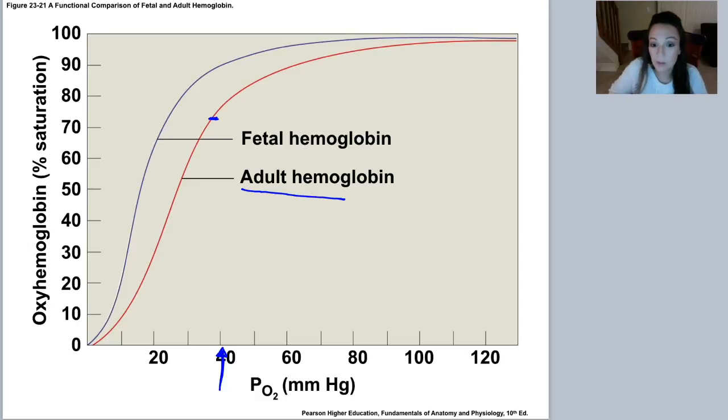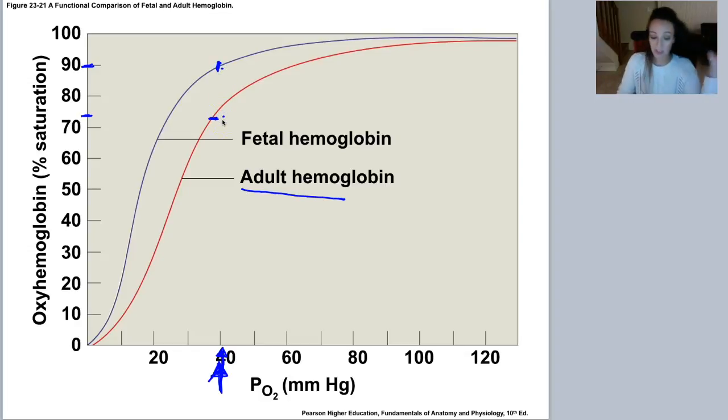Now, the fetal hemoglobin, notice this. At a partial pressure of 40 millimeters of mercury, the fetal hemoglobin, let's trace this up here, has a saturation of 90%. So this is about 75% versus 90%. This means at the same partial pressure, at 40 millimeters of mercury of oxygen, the fetal hemoglobin has a greater affinity for that oxygen than the adult hemoglobin does.